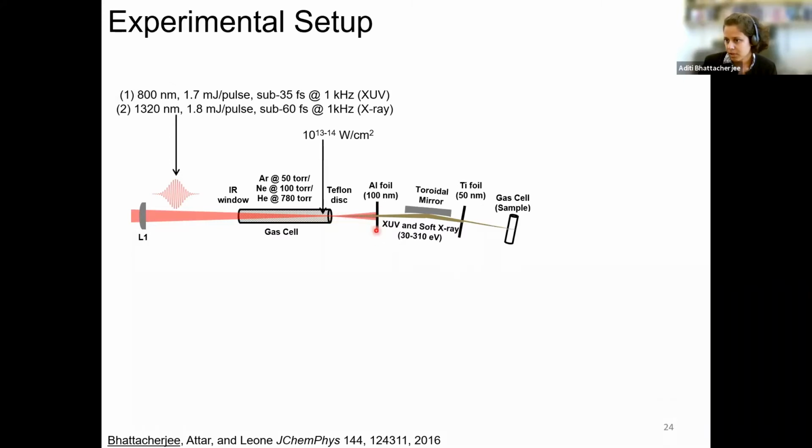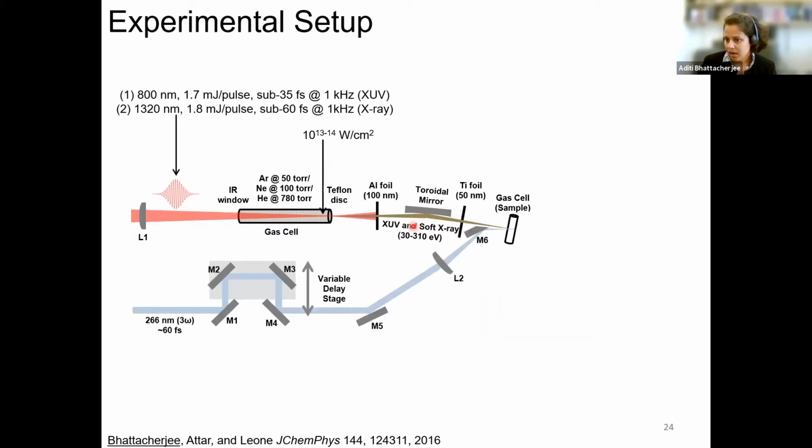These harmonics get filtered by an aluminum foil, 100 nanometers thick. Because this is a diverging beam, it's refocused into a sample cell. There's a titanium foil, 50 nanometers thick, that prevents the backflow of the gas vapor onto the toroidal mirror.